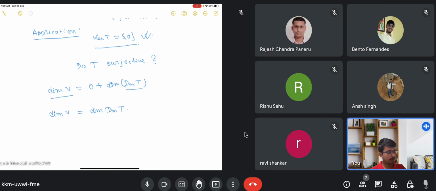You are saying that the image of T equals W. Is it true?